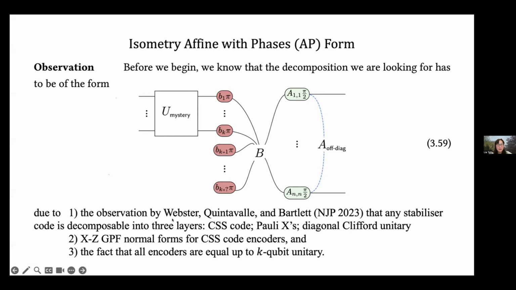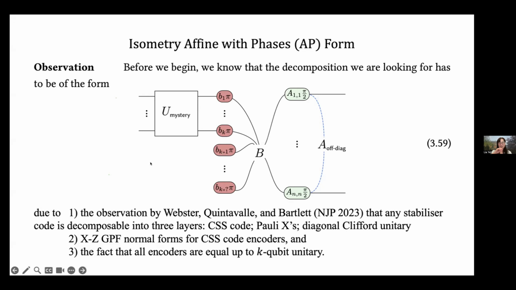Moreover, this paper just stated the observation but didn't do a thorough proof, and their construction wasn't efficient. Their construction to find the inner CSS code given a stabilizer code was just linking to a GitHub repo, which kind of brute forced it, so an exponential algorithm.